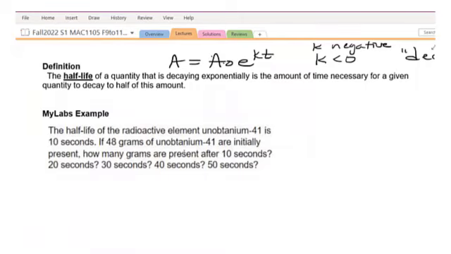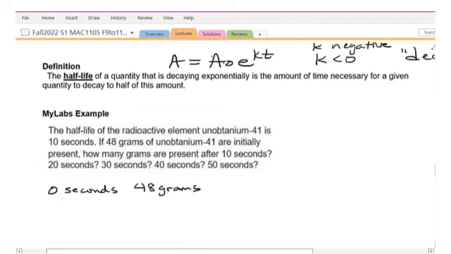It says if 48 grams of unobtainium-41 are initially present, how many grams are present after 10 seconds? Okay, so at 0 seconds, we started out with 48 grams. So how many grams would there be in 10 seconds if the half-life is 10 seconds?